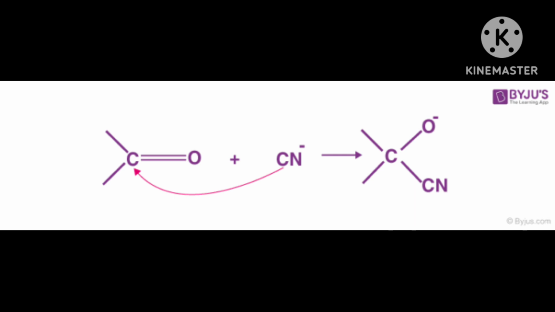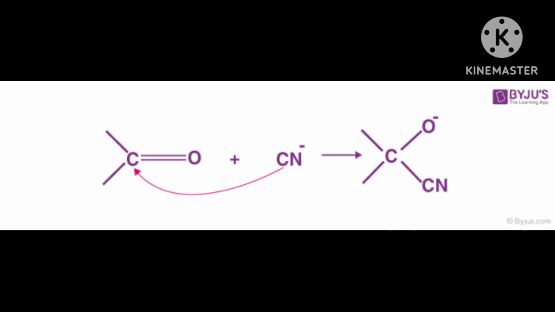And here one thing I want to tell you, NO2. One N is attached, one N and oxygen have a double bond, and the other oxygen has a coordinate bond.